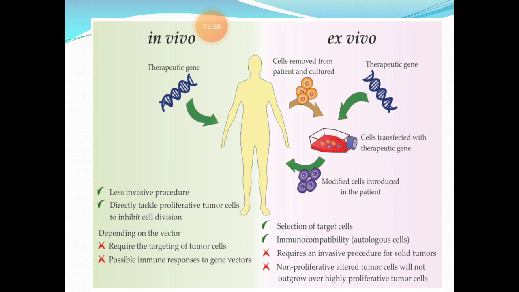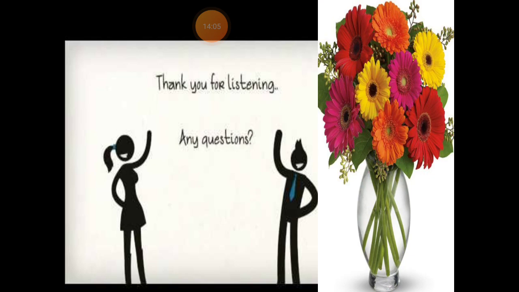Plus points are selection of target cells and immunocompatibility. But the negative points: it requires an invasive procedure for solid tumors, and non-proliferative altered tumor cells will not outgrow over highly proliferative tumor cells. So this is the difference between in vivo and ex vivo. It just briefs you the comparative account.